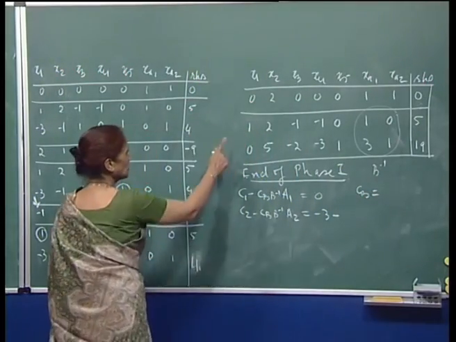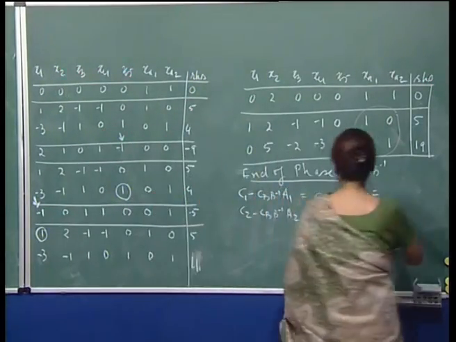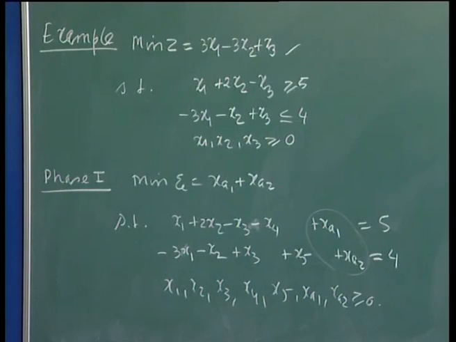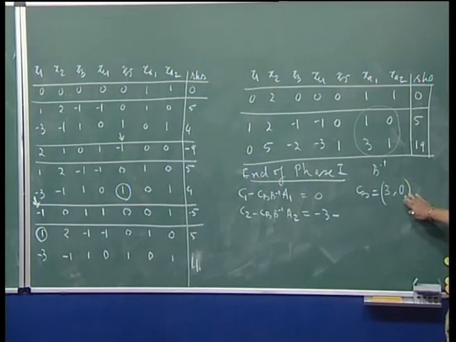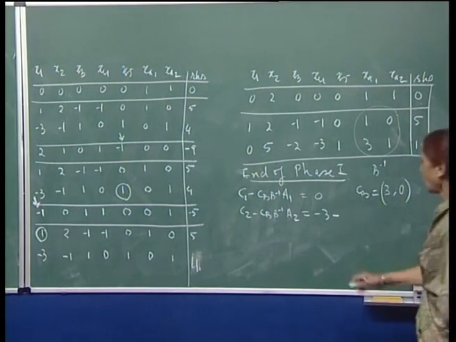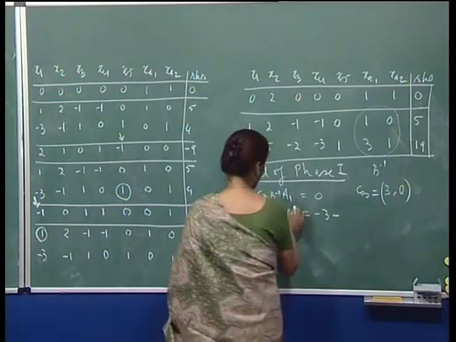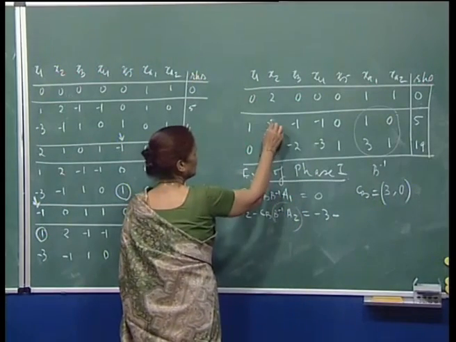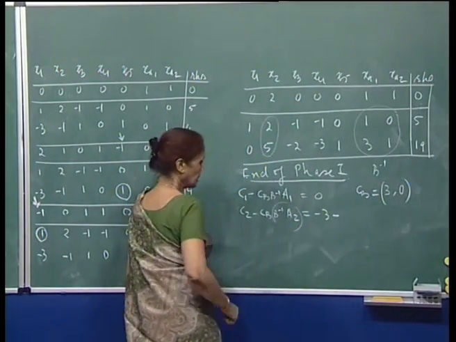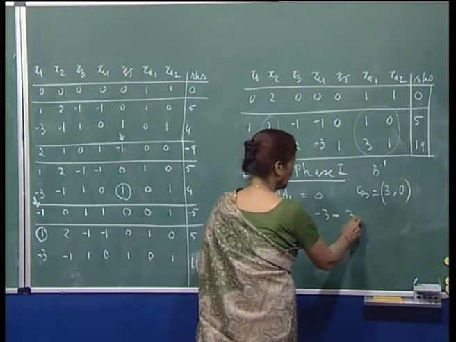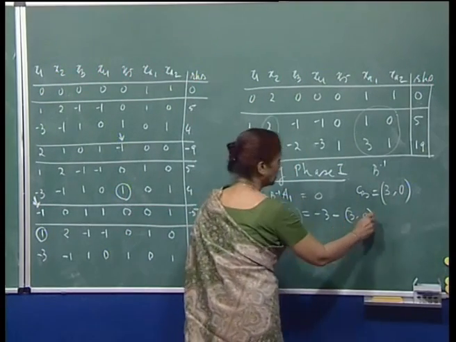Because your basic variables are x1 and x5, Cb is 3, and x5 was a slack variable, so that was 0. And B inverse A2 is this column, y2, right? So minus 3, and this is 3, 0, and 2, 5.